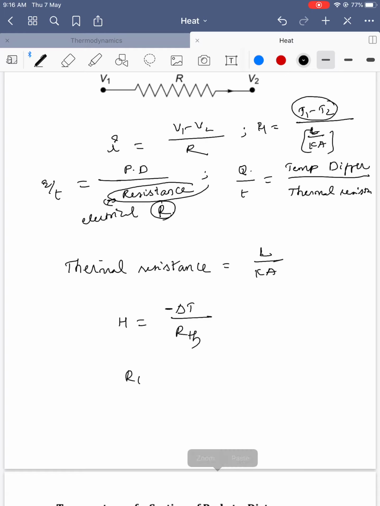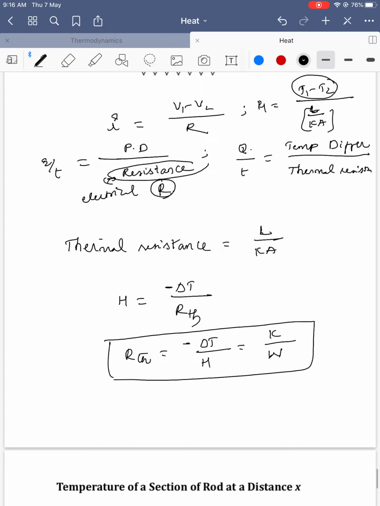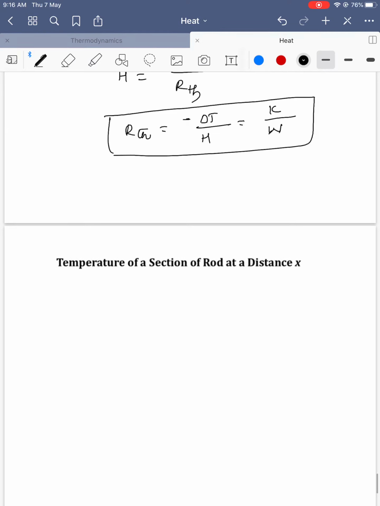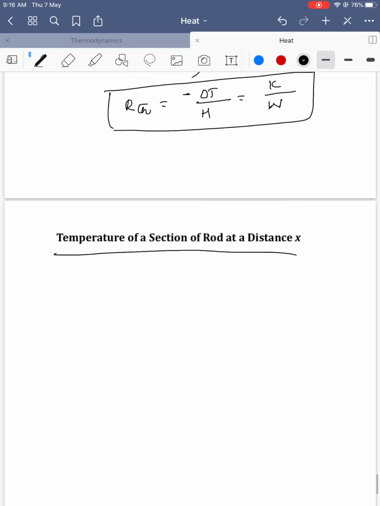So thermal resistance is equal to delta T by H. The minus sign will be there. Delta T is in kelvins and H is in watts, so this is the unit of thermal resistance. Now we'll see the temperature of a section of the rod at a distance x.